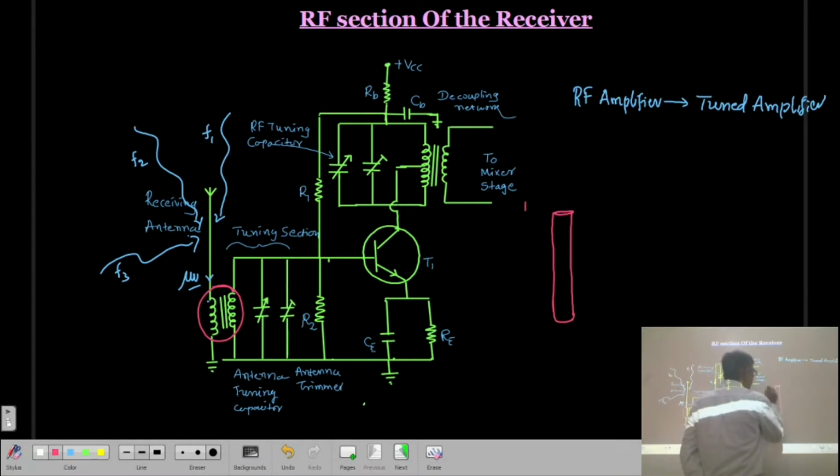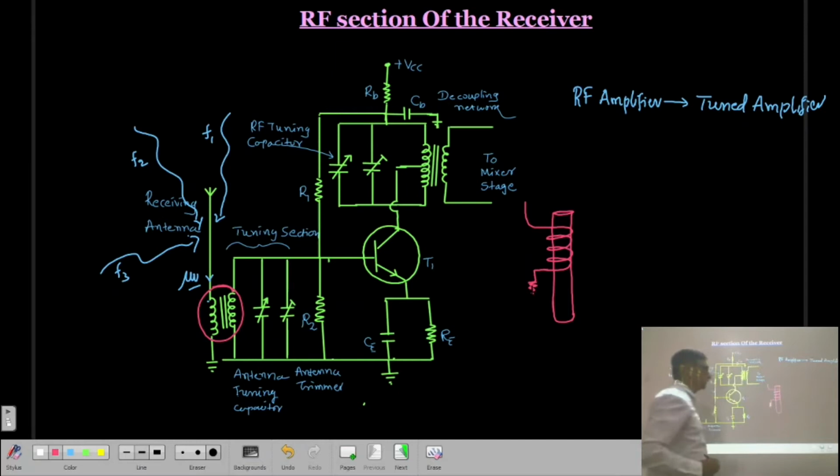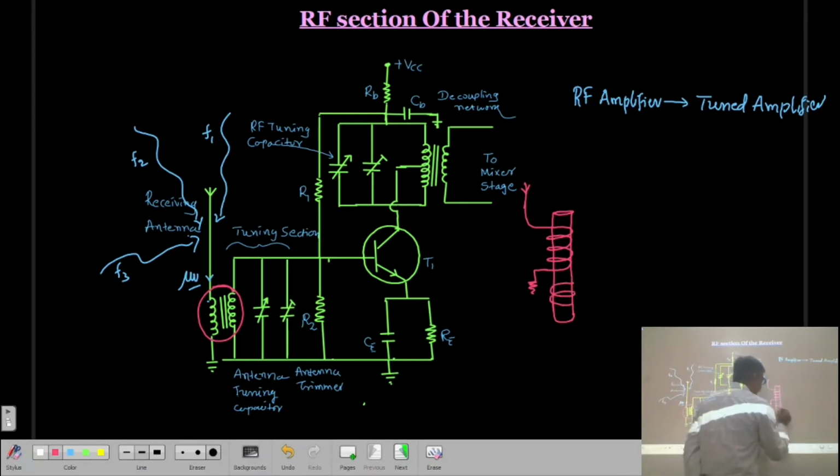On this rod, the antenna is wound, which is the primary of the transformer. The secondary is wound in this way, and in the secondary the variable capacitor will be there. This is the tuning section of the radio.